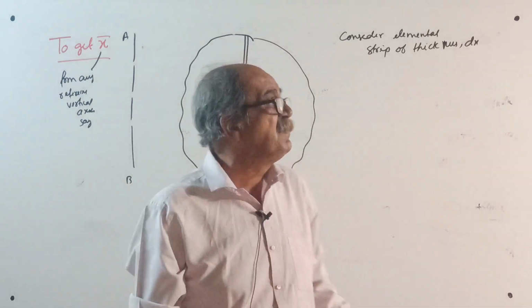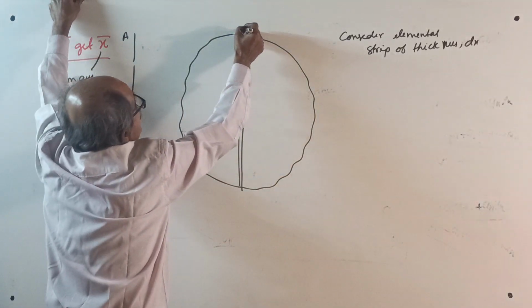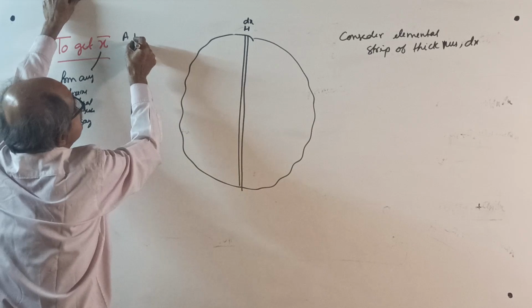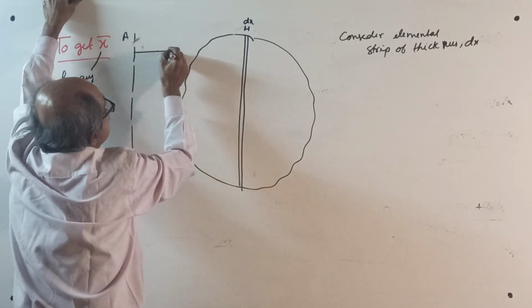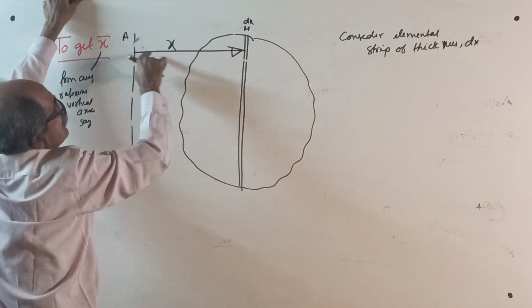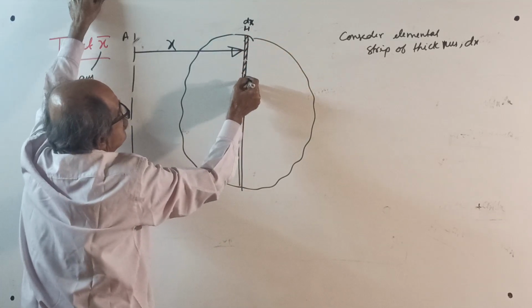At x from here, the thickness is dx. See, this is the strip.